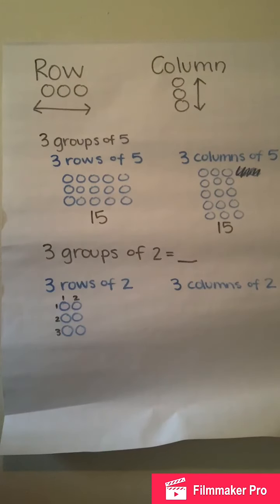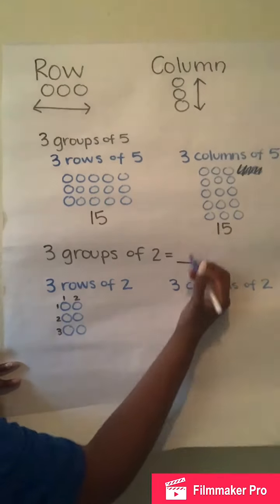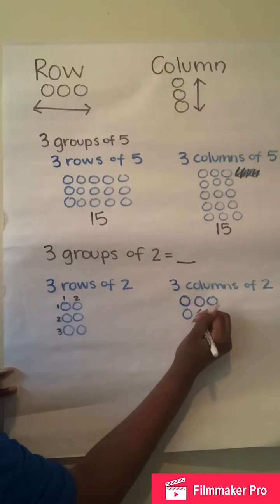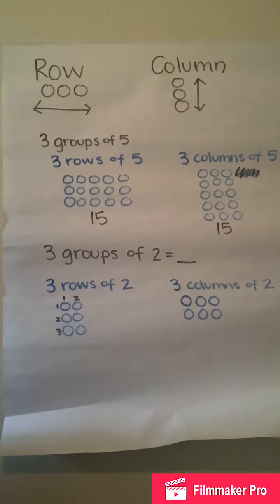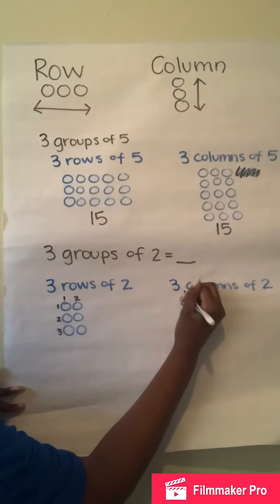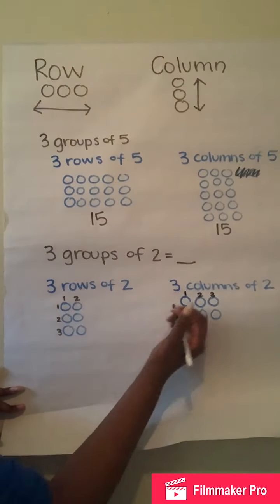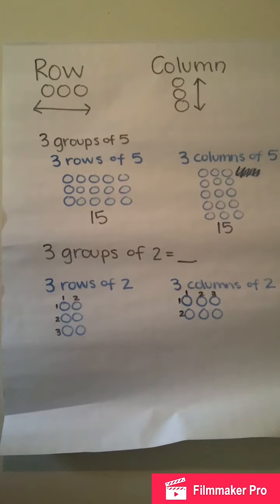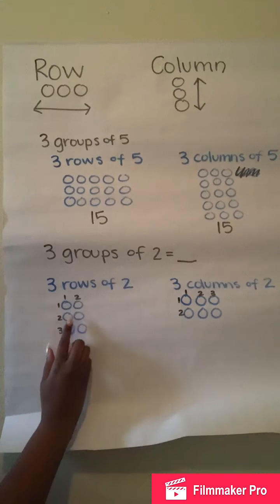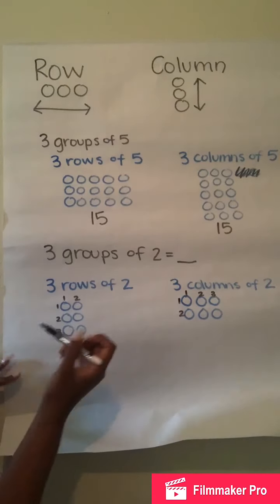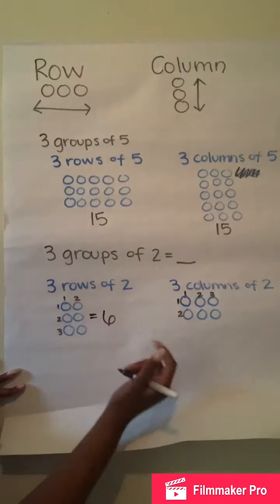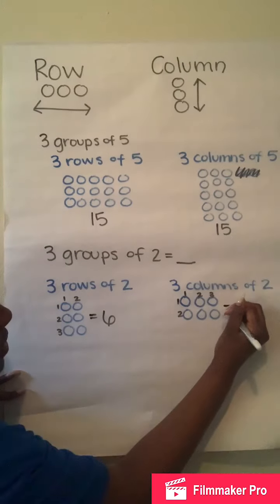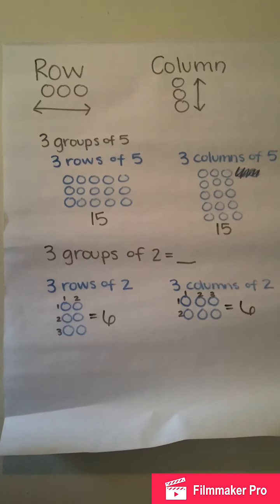If I looked at the 3 columns of 2, I would have 1, 2, 3 columns and 1, 2 in each column. When I counted 1, 2, 3, 4, 5, 6, the answer is 6. When I counted over here, 1, 2, 3, 4, 5, 6, the answer is still 6.